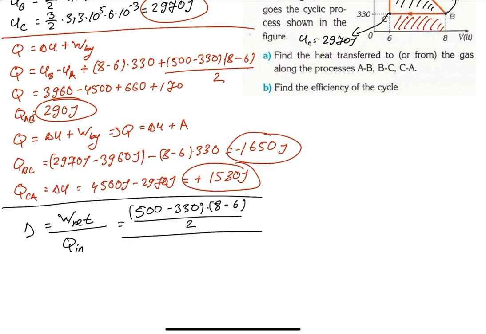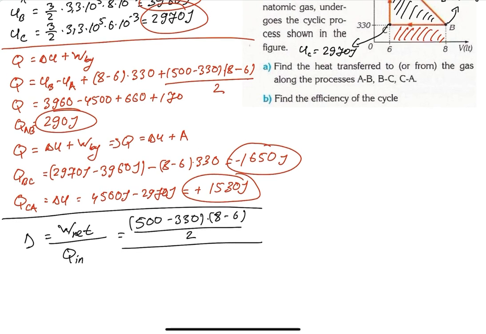And over here, heat given to the system means we have 290 joules of energy given to the system and 1530 joules, but this one, second, is negative, we don't take it because that energy was taken out of the system. And we just sum them, 290 joules plus 1530 joules. So let's calculate it.